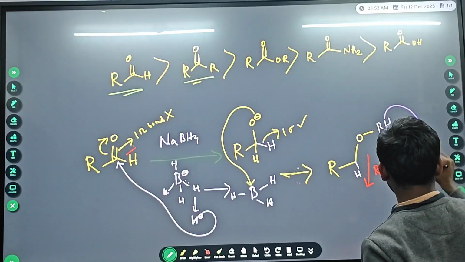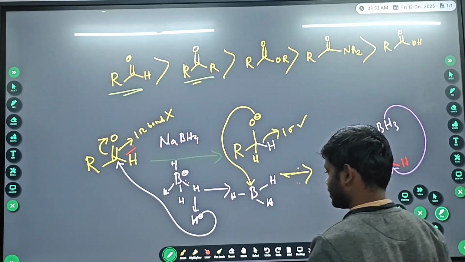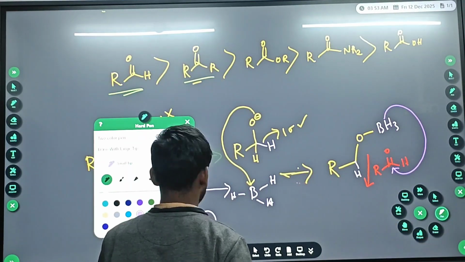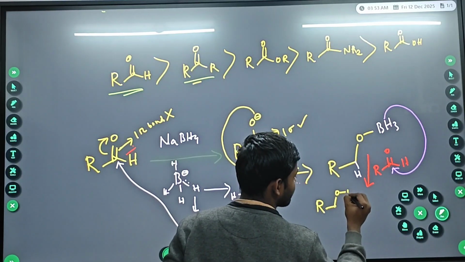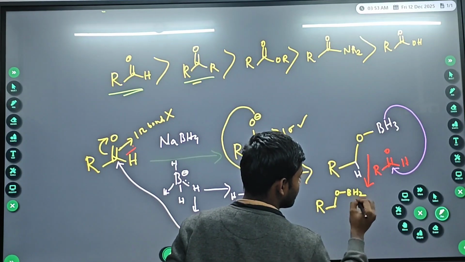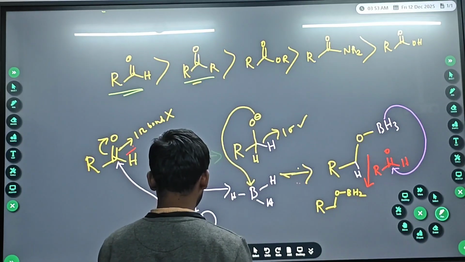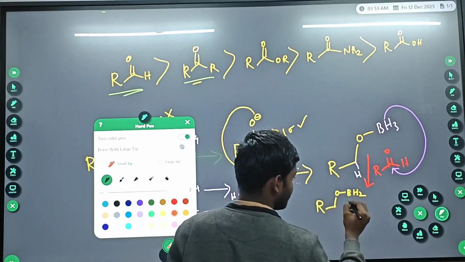Then it will attack this compound and make this type of product, ROBH2, and here we get the new product.